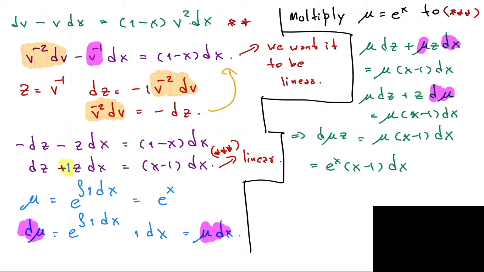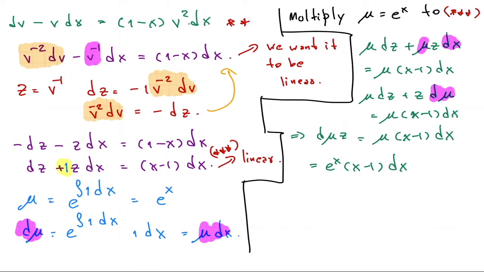So what I have here is d of e to the x z, since mu is e to the x, equals the integral of e to the x times x minus 1 dx, and then we can integrate throughout the equation.